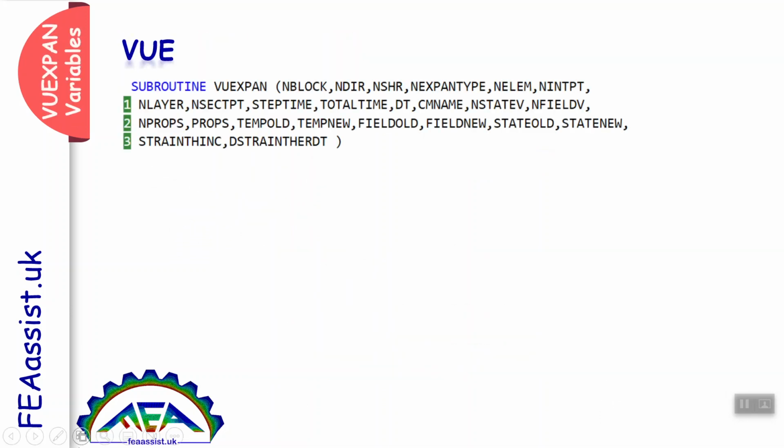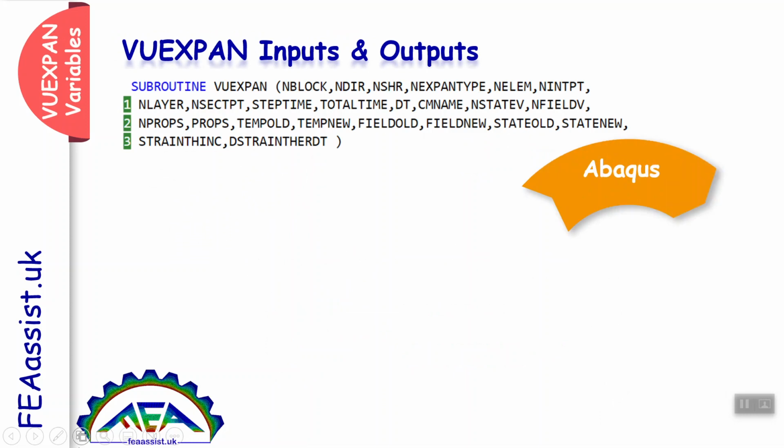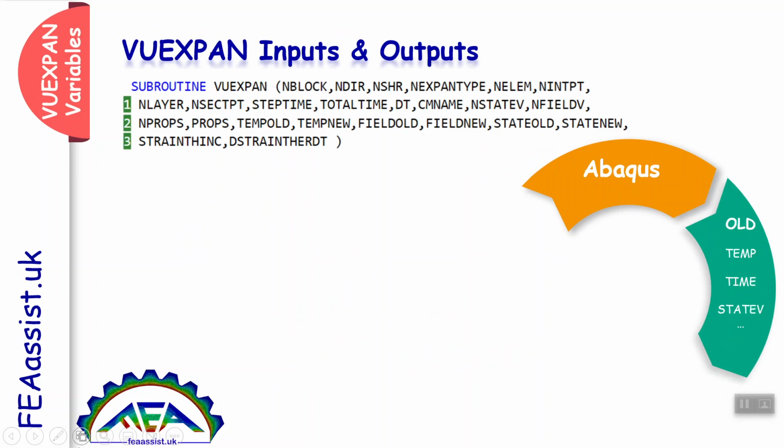VU expand variables, VU expand inputs and outputs. VU expand has some inputs. We need to get those inputs, process them, and export new variables as outputs into the Abaqus. In other words, Abaqus computes the temperature, time, state variables, transfer these variables as inputs into the VU expand subroutine.